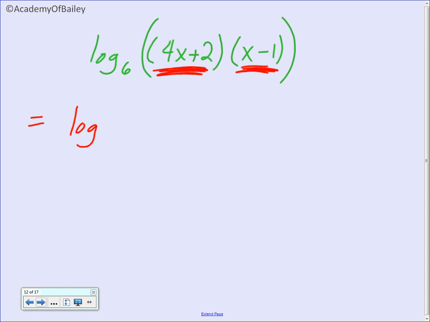So log base 6 of the first number plus log base 6 of the second number. No exponents to deal with. That's pretty much all the further we're going to go with that one.